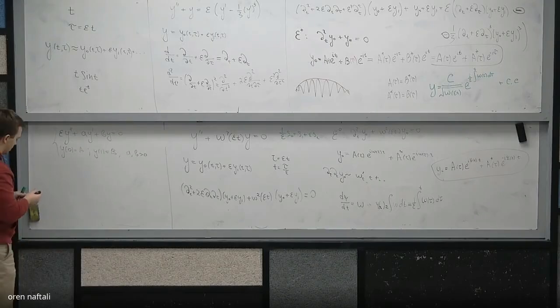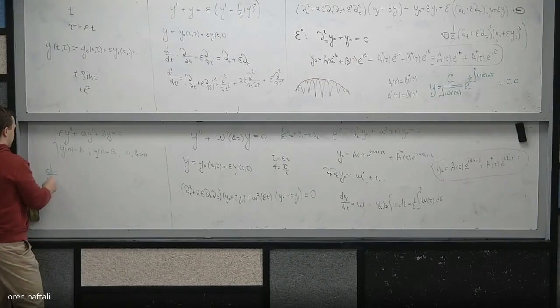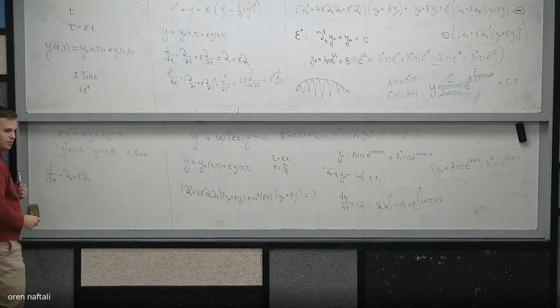So we simply rewrite the derivative with respect to x as d/dt plus epsilon d/dtau.